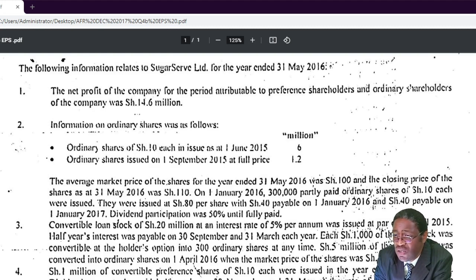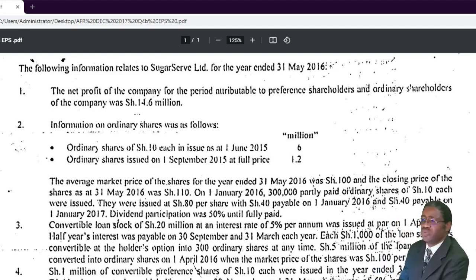They were issued at 80 shillings per share with shillings 40 payable on 1st January 2016 and shillings 40 payable on 1st January 2017. Dividend participation was at 50% until fully paid. That's number 2.